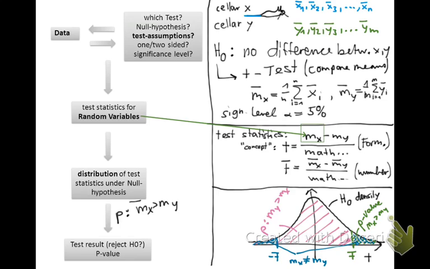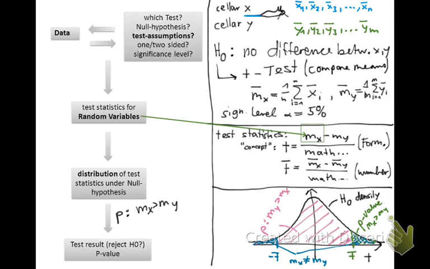I don't make bars, right? Because the values I can measure, mx bar and my bar, and then the question whether one is bigger than the other is trivial, just compare two numbers. So here it's really again a question about the concept, right? Is the general mean value of all my mice in my cellar x larger than the ones in cellar y?